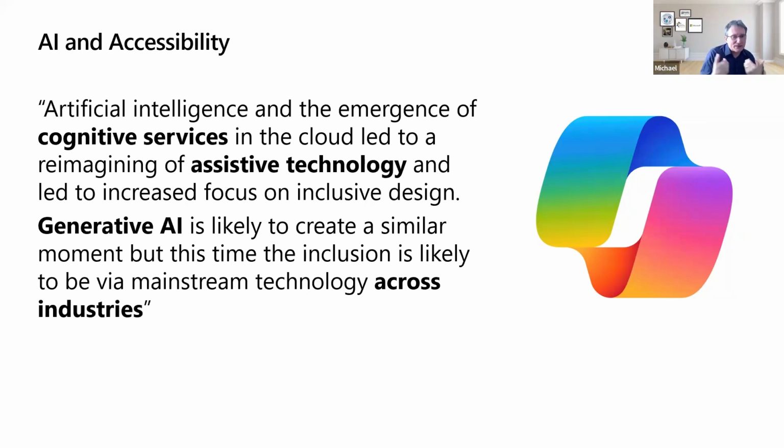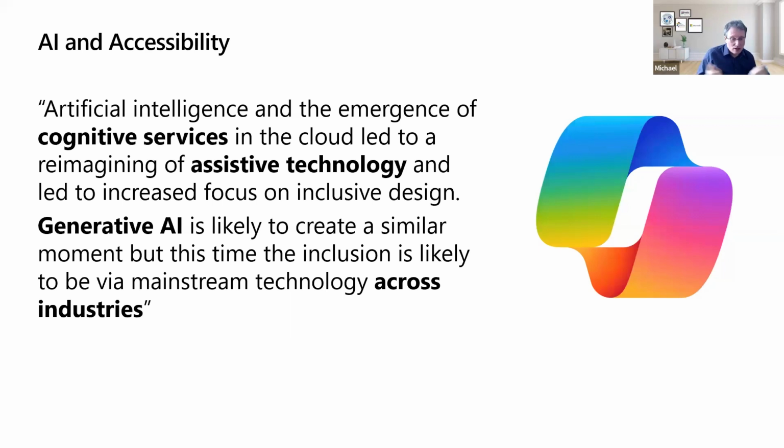But here's the next line in this paragraph. Generative AI, that innovation, large language models, large action models, is likely to create a similar moment, but this time the inclusion is likely to be via mainstream technology across industries. And I find that very exciting, because basically what it means is that it's going to be pervasive in everything that we can and will have, and it will be pervasive across the use cases that we are experiencing.